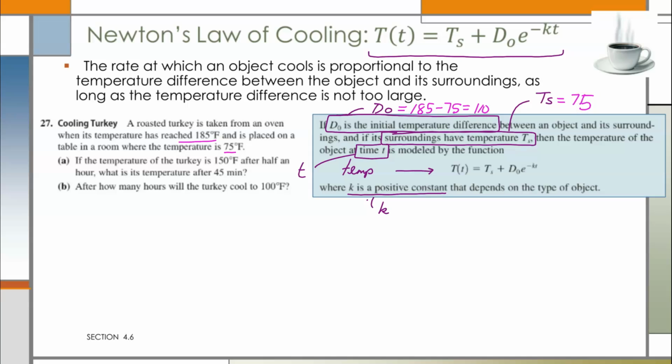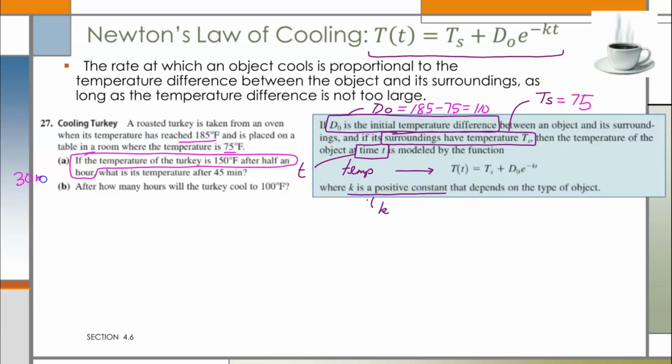Then we have time t. We've got to figure out t, and we've got to figure out k. All we know are these first two variables, Ts and D sub 0. So let's continue reading. If the temperature of the turkey is 150 degrees after half an hour, we're going to stop there because that's going to be how we find K, our constant. 30 minutes is a half hour.